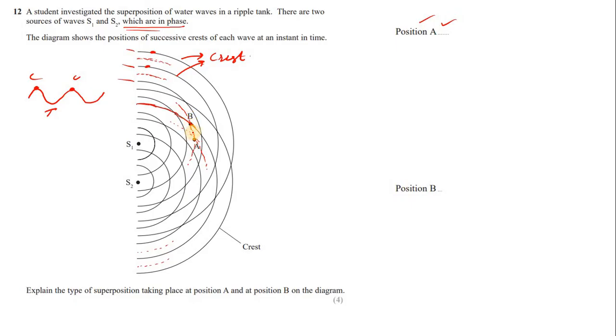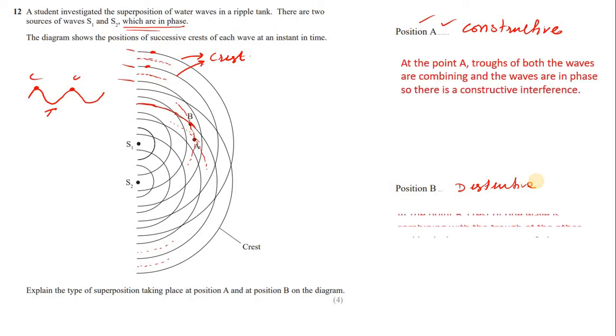So at B we have a crest of one wave combining with the trough of the other, and the waves are out of phase, so we have destructive interference. So at A we have constructive interference, and at B we have destructive interference. The reason I have already given you, so that's how you can write your answer.